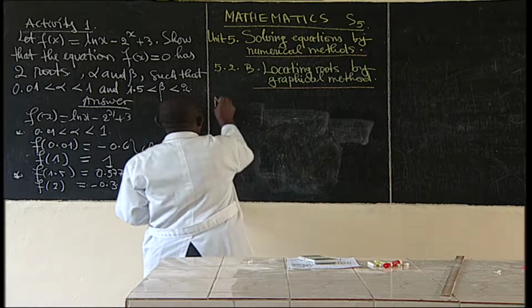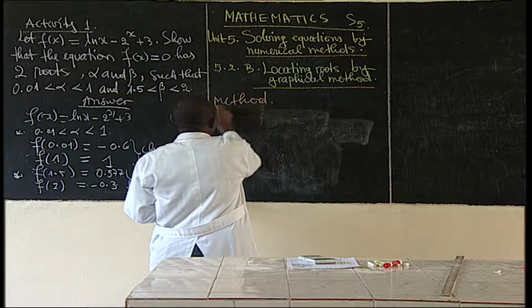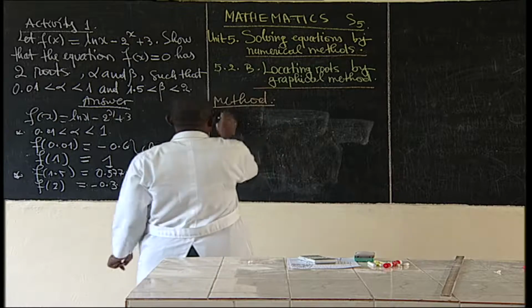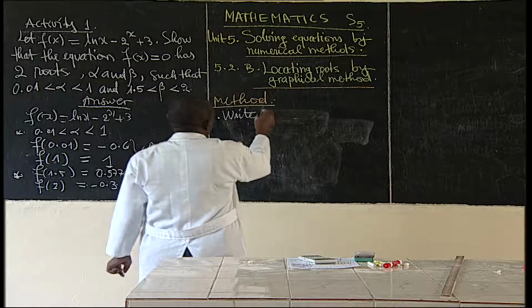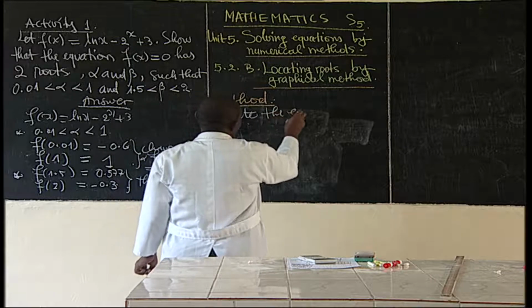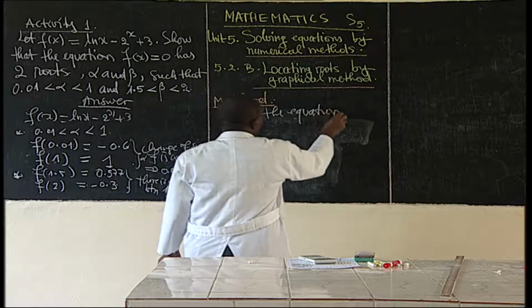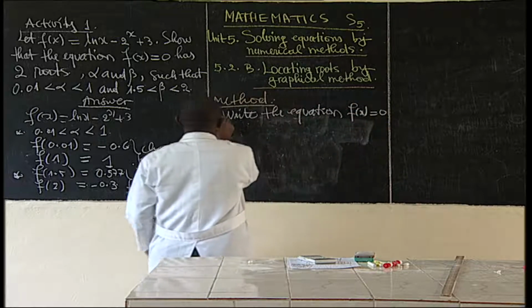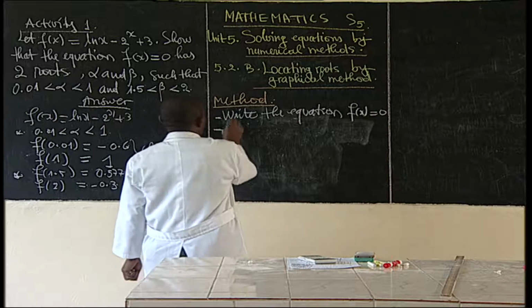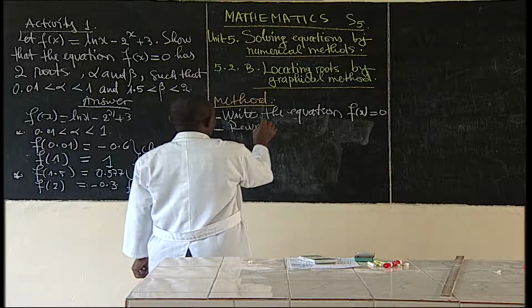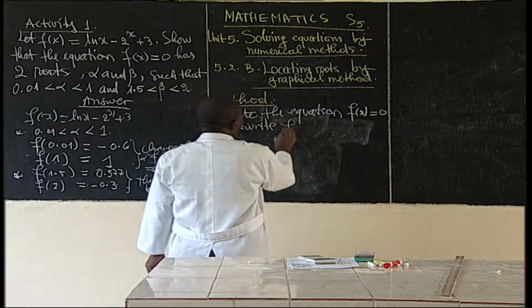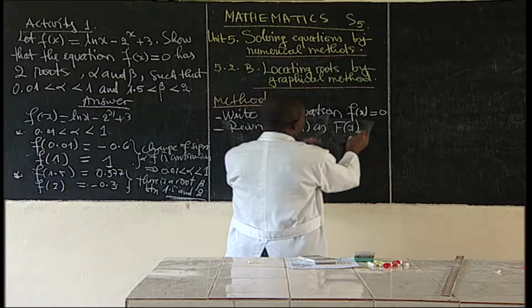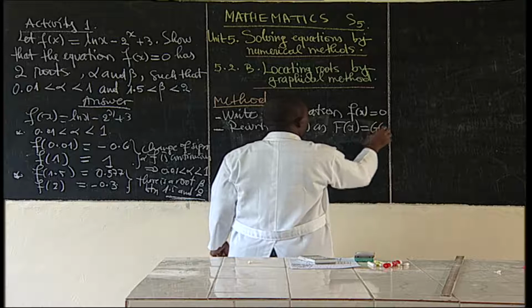Method. First of all, you have to write our equation f of x equals 0. Two, rewrite f of x as capital F of x equals capital G of x, right?